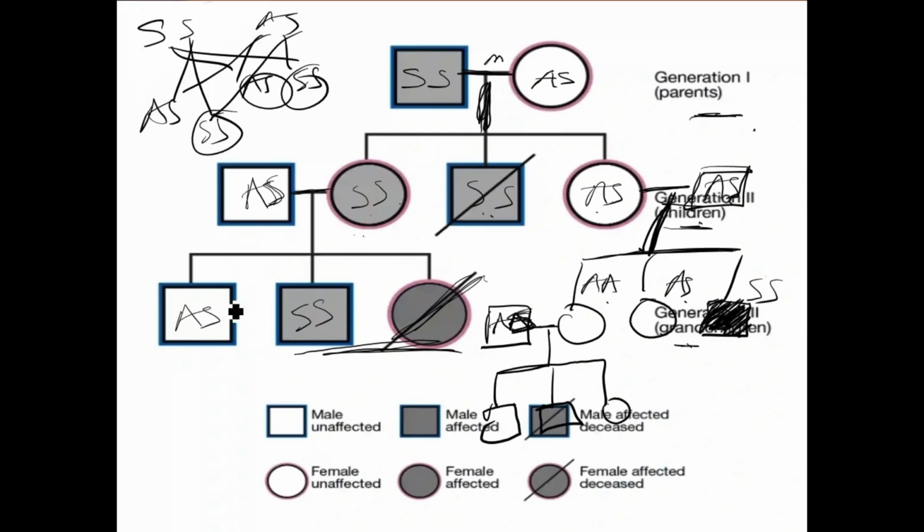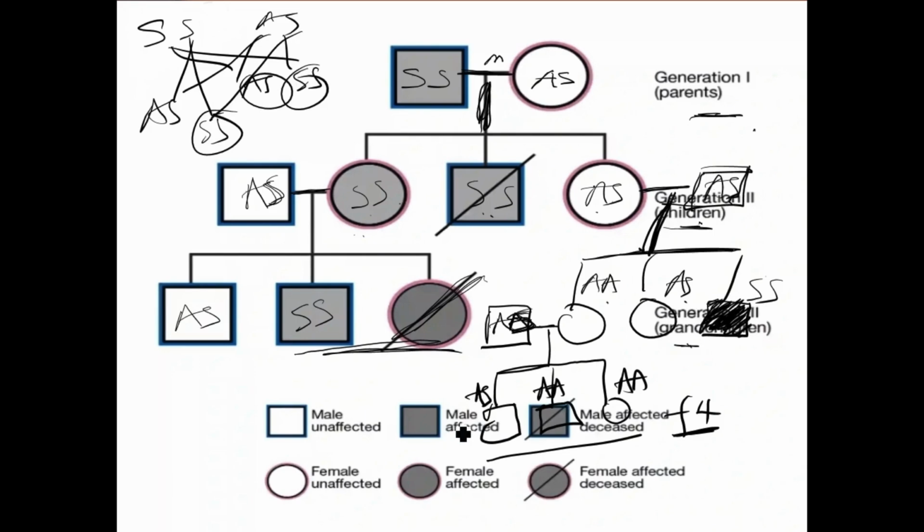Reason, the man is AS and the woman is AA. So of the children, let's assume this one is AS, this one is AA, this one is another AA. Now I will call this F4. Now you can see in generation 4, the sickle cell disappeared.